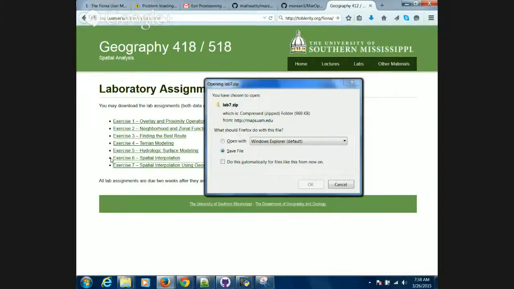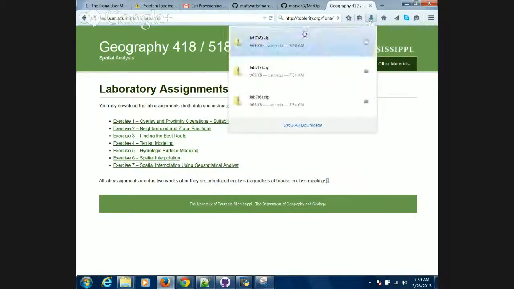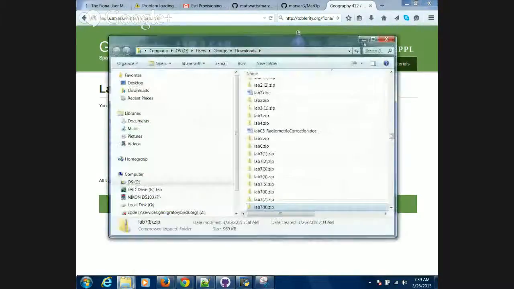So what I did was I went to the labs page and I hit exercise 7, and I'm going to save that data set. I'm using Firefox today. I don't know why, instead of Chrome. I saved it, and I saved it 8 times, I guess.